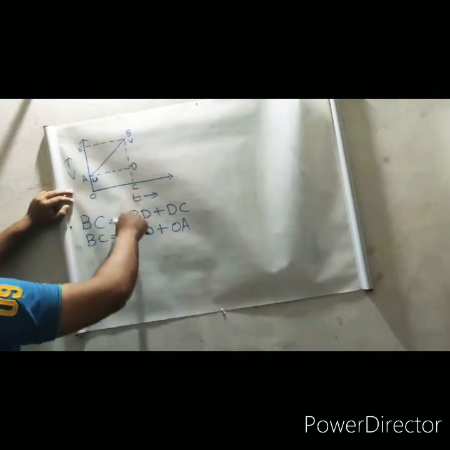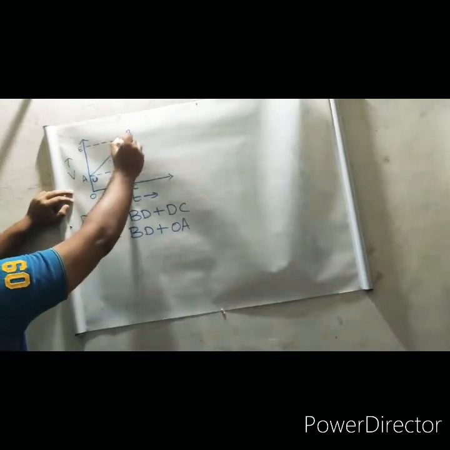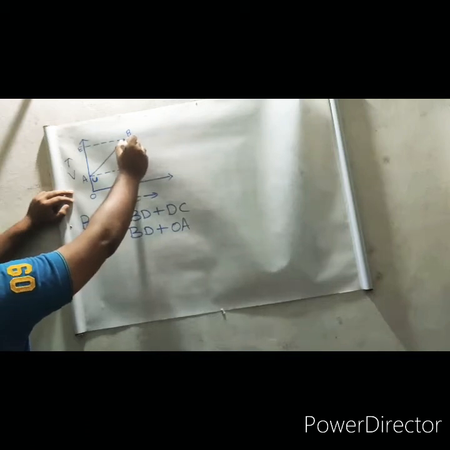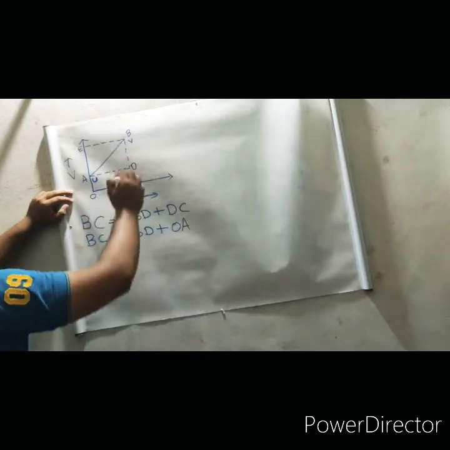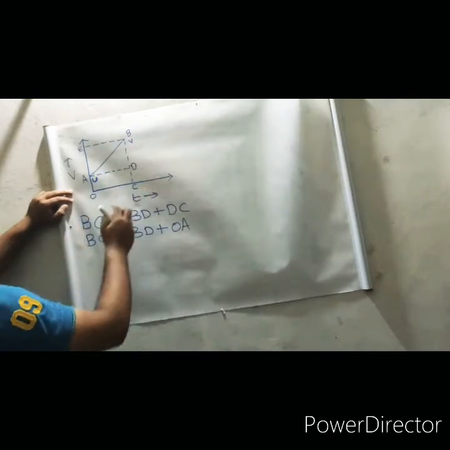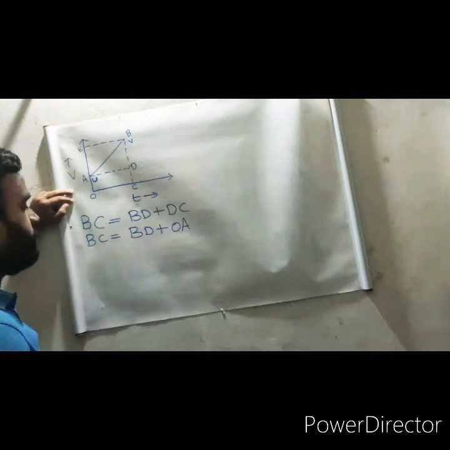From the graph, the point B gives the final velocity v. So BC is the final velocity v.